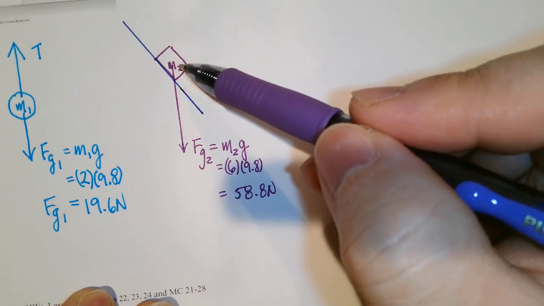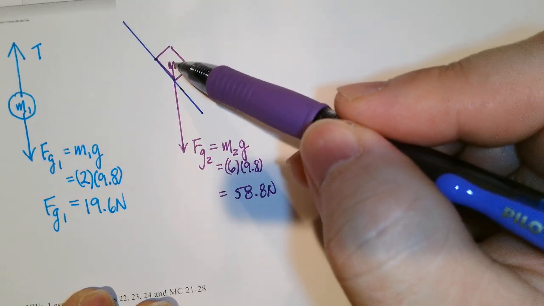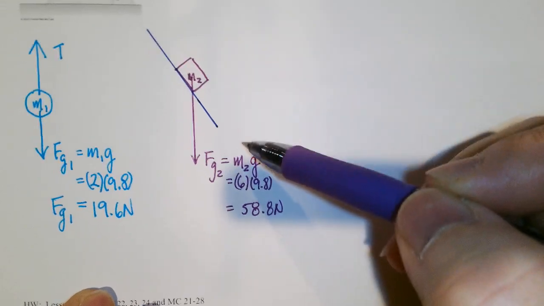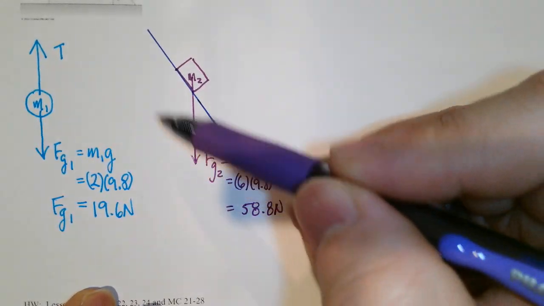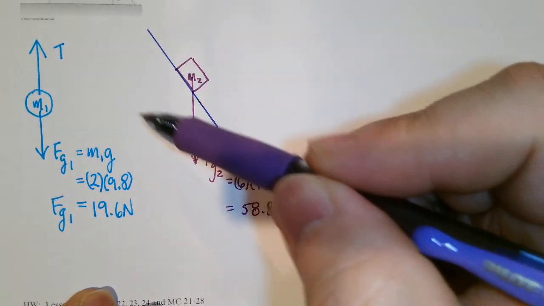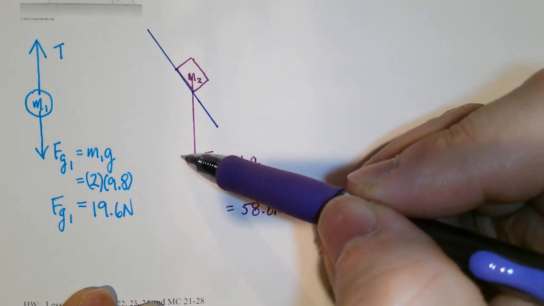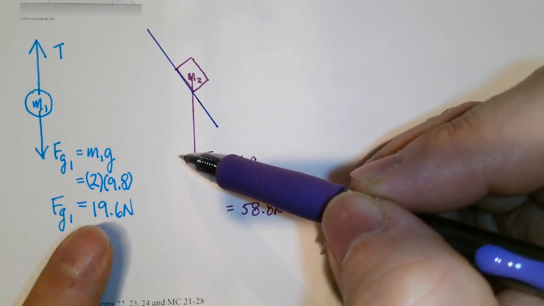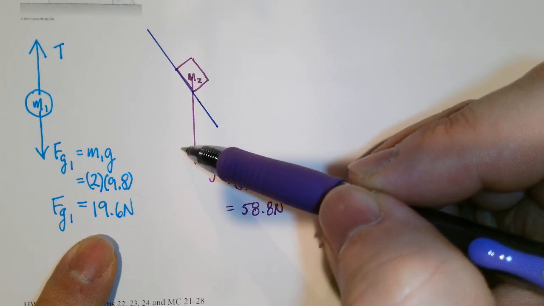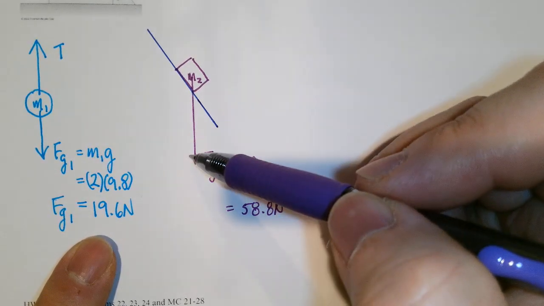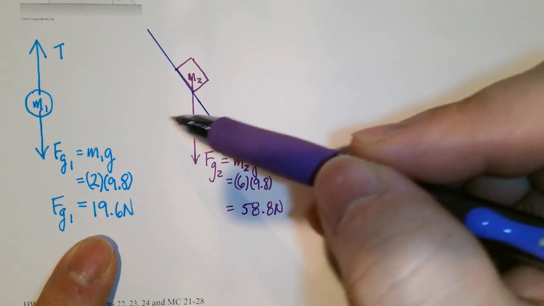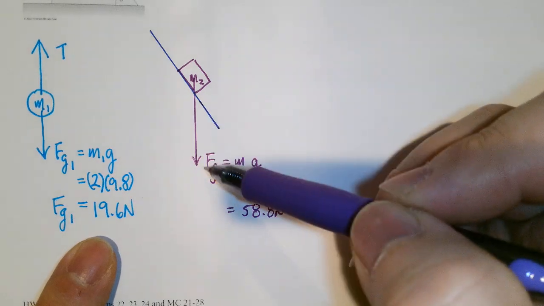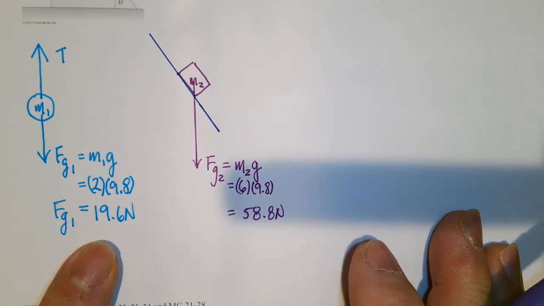You have to really think about what's pulling on this mass 2 along the incline, which is the F parallel. So you have to compare the F parallel with this FG1 to figure out which one's going to win the tug of war. It's not 58.8. It is this component that's going to do it.